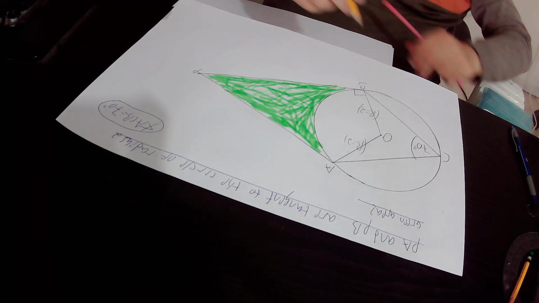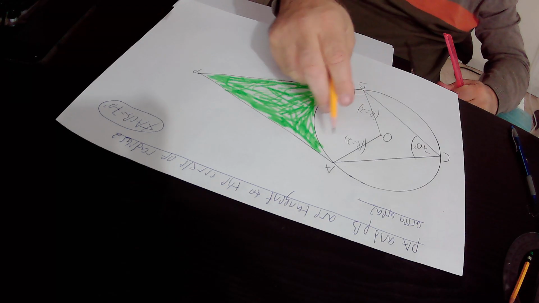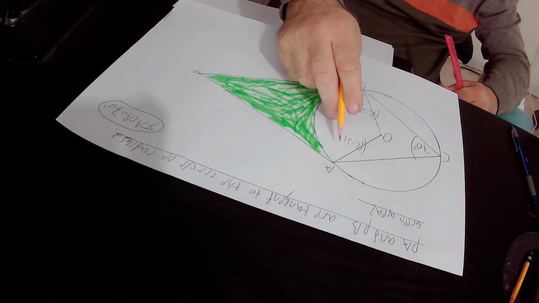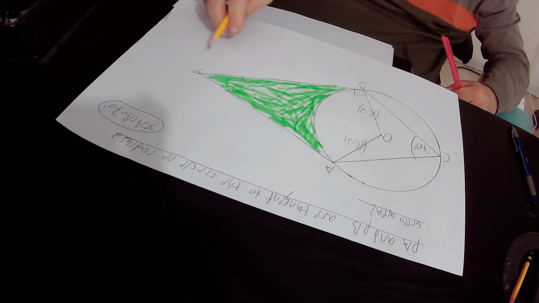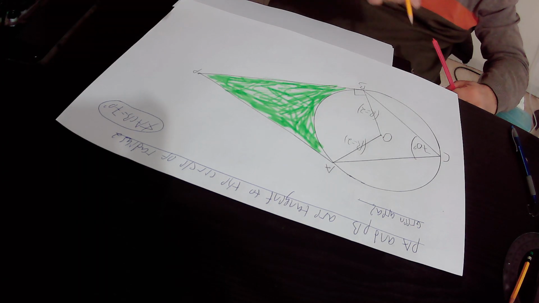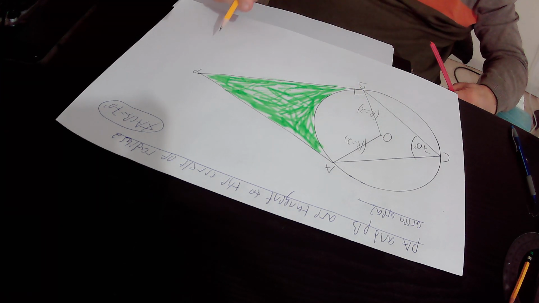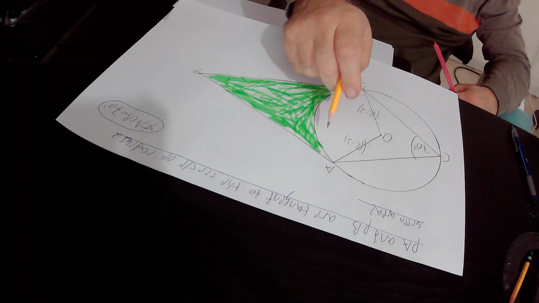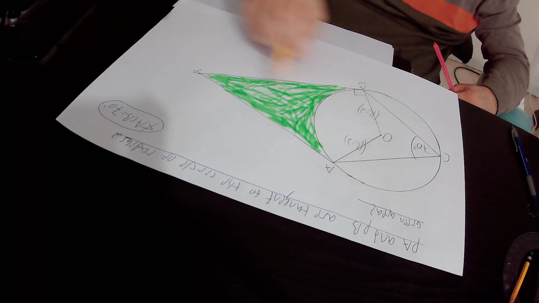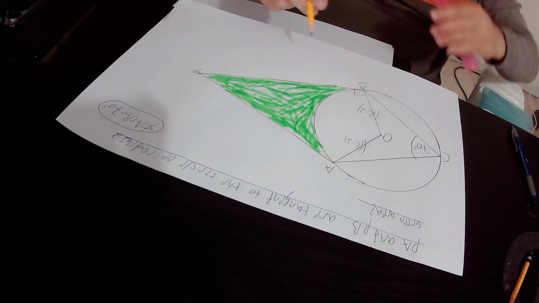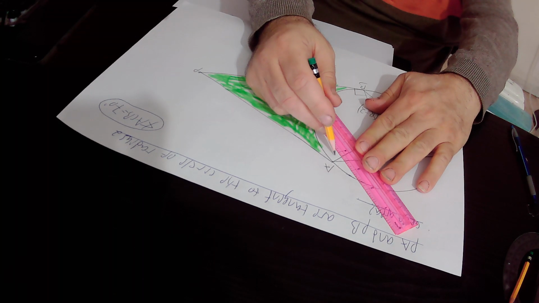Likewise, we have the radius OA that is drawn to point A, the point of tangency of tangent PA with this circle, so tangent PA will be perpendicular to the radius AO. If PA is perpendicular to AO, it means that this angle equals 90 degrees.